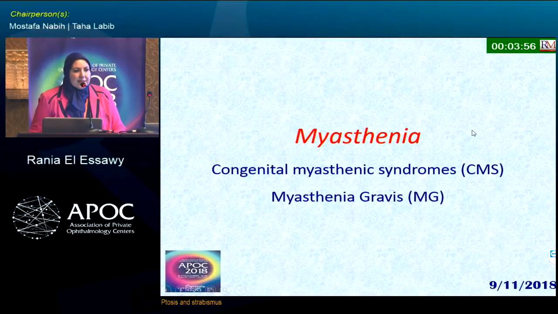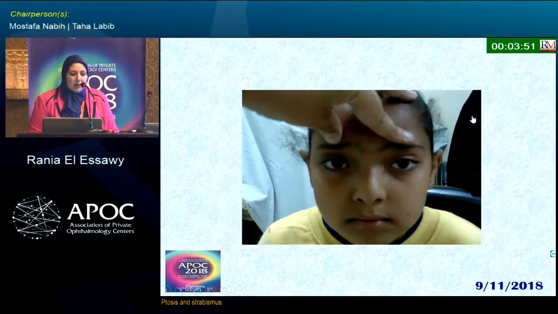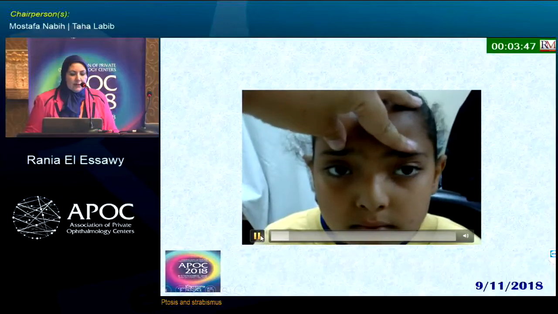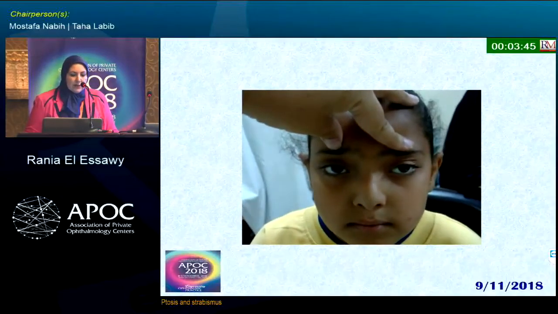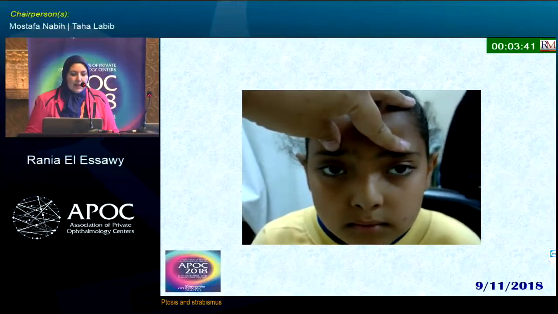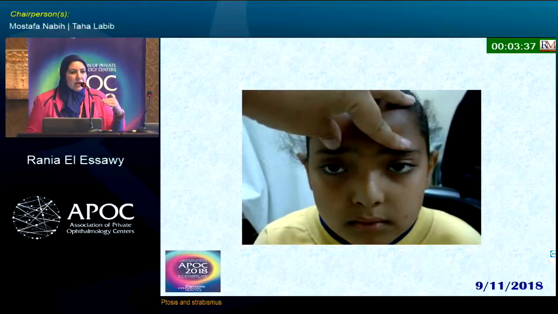Patients with congenital myasthenic syndromes or myasthenia gravis present with a variable amount of ptosis that is characteristically different according to the fatigue and the level of attention and during the time of the day. Like this patient, when we examine these patients, we will find that the lid level is not constant.